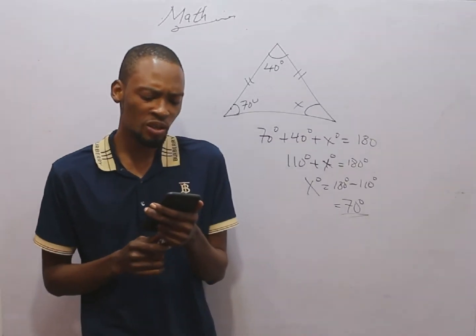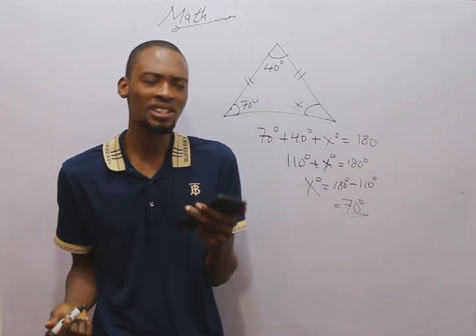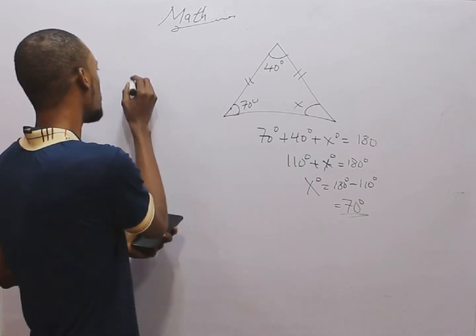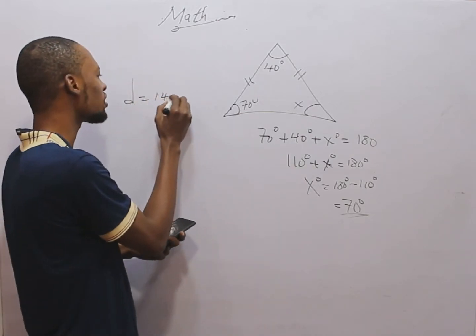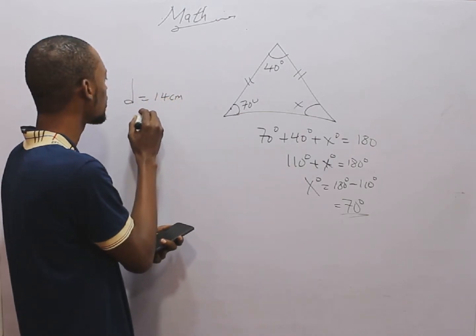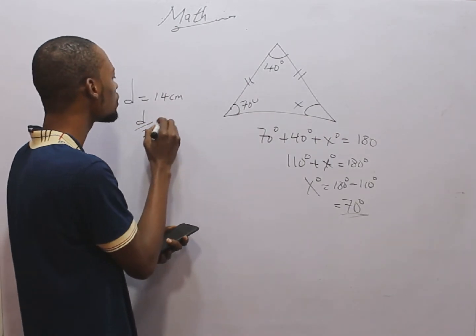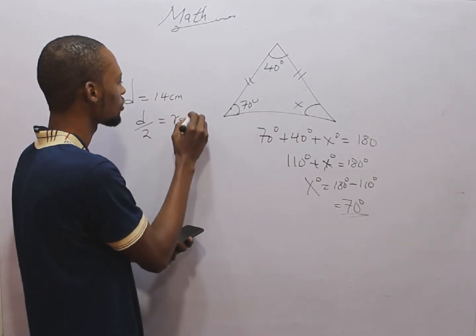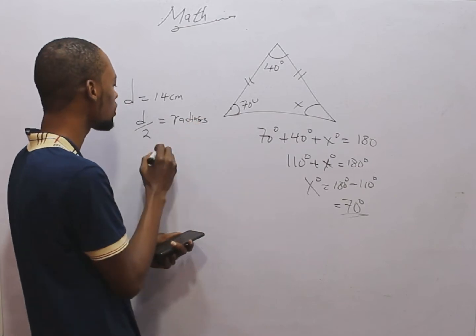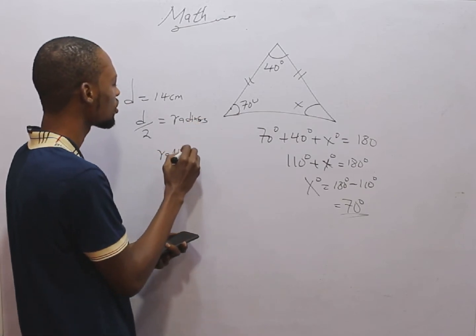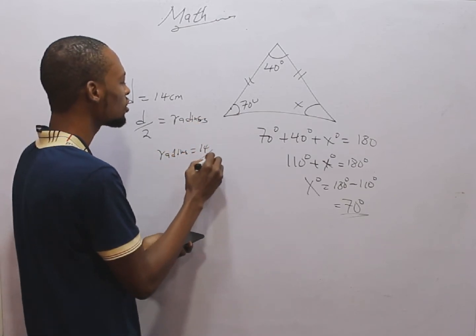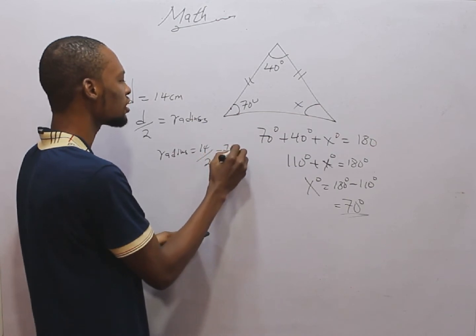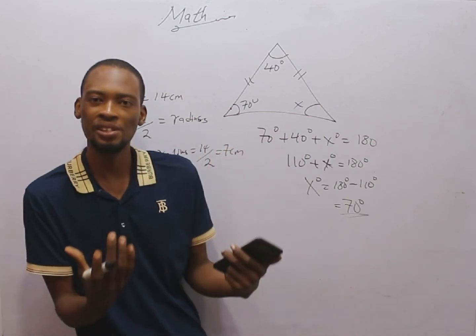Find the area of a circle whose diameter is 14 cm. Diameter equals 14 cm. Diameter over 2 equals radius, which means radius is 14/2, which is 7 cm. Why do we need radius?